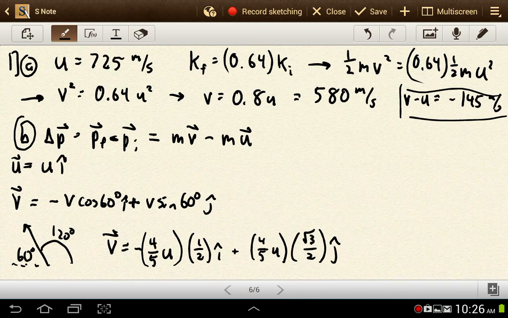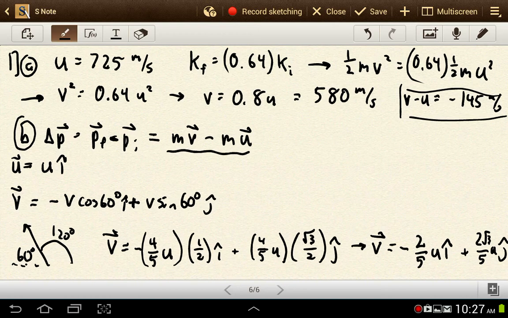So this all comes out to be that vector v is negative 4/10, so 2/5 u i-hat, plus 2√3/5 u j-hat.